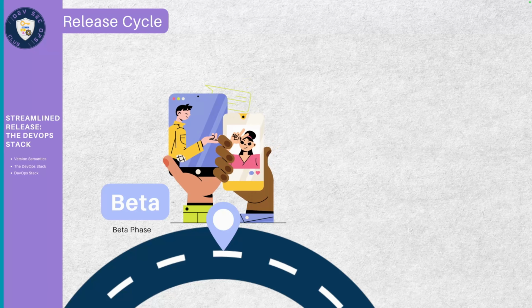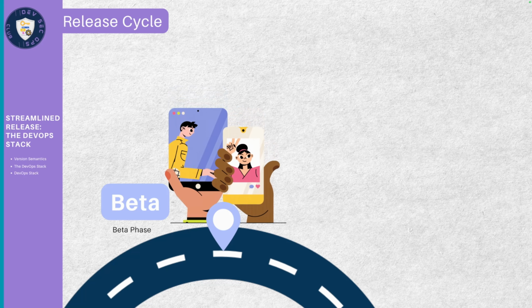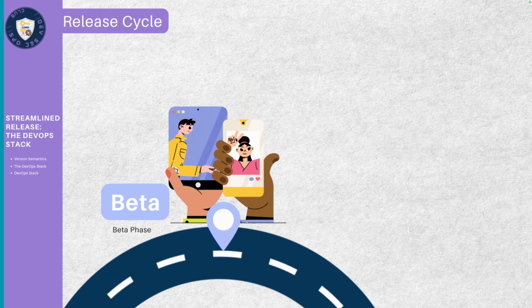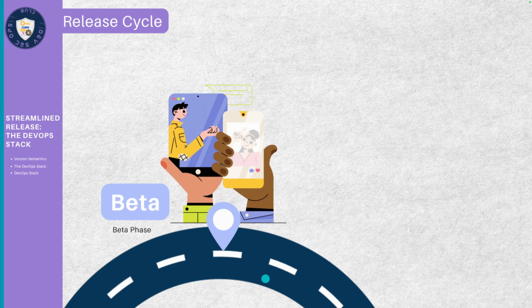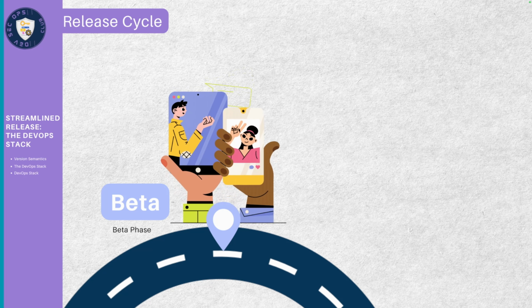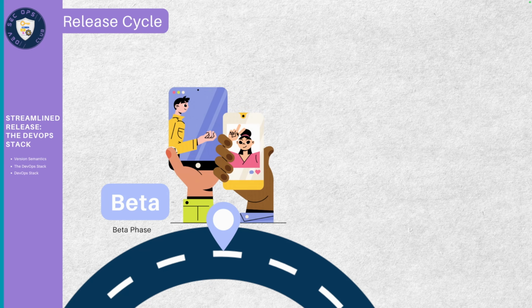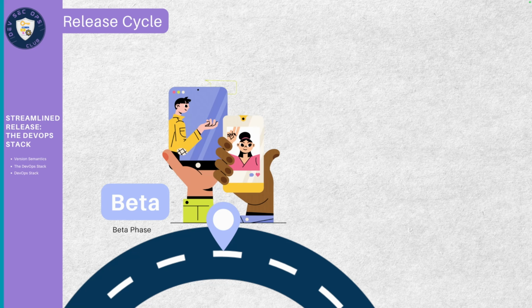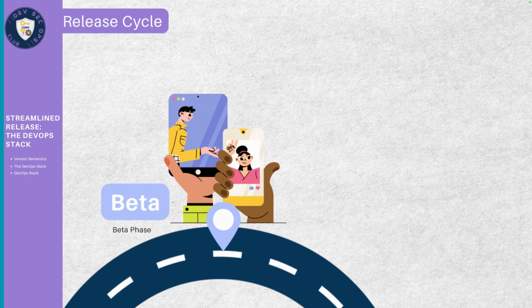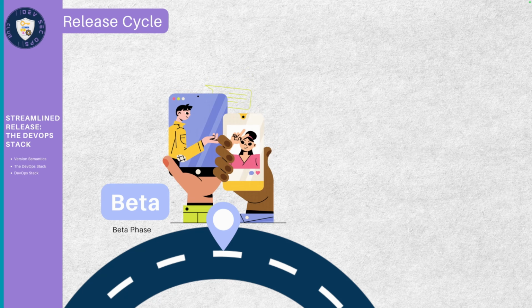Once that is done, the product goes to the beta phase. So in the pre-alpha and alpha phases, you think, okay, now we are done with the features, we will not include any more features, right? Because you have to stop somewhere.